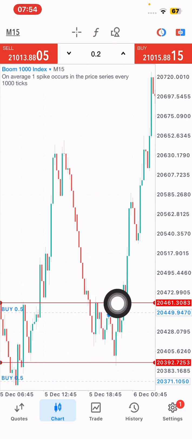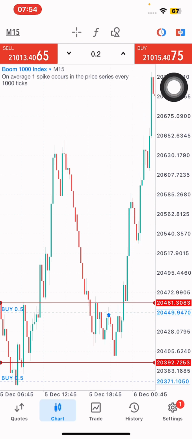The market was trading down, but this candle was able to break above these highs. This is the previous higher low. So we break above the higher low, we create higher highs, the market comes down to produce a higher low, and the market also pushes the price upward.